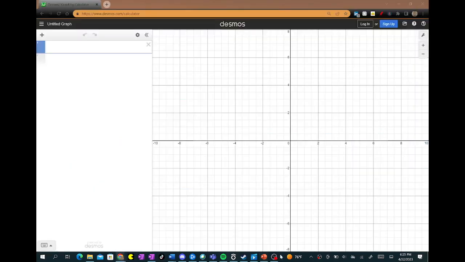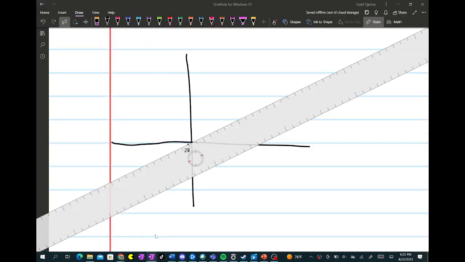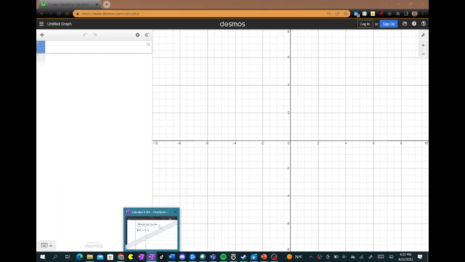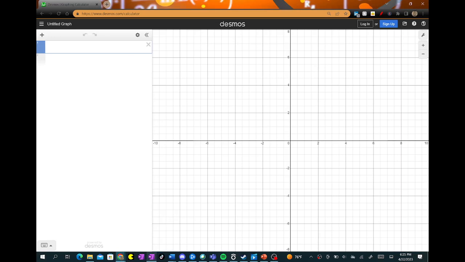Okay, so here we are on Desmos, and how I want to show you guys when I talk about reflection about the y-axis, a good example of this is when we talk about the square root of x. I don't think I have gone over these as much, but this is a good example.